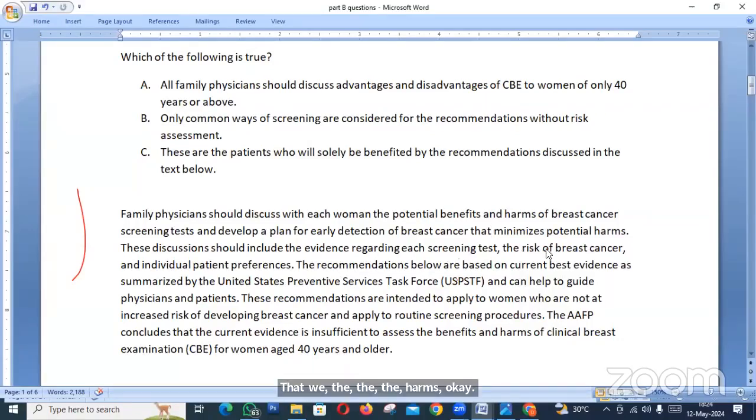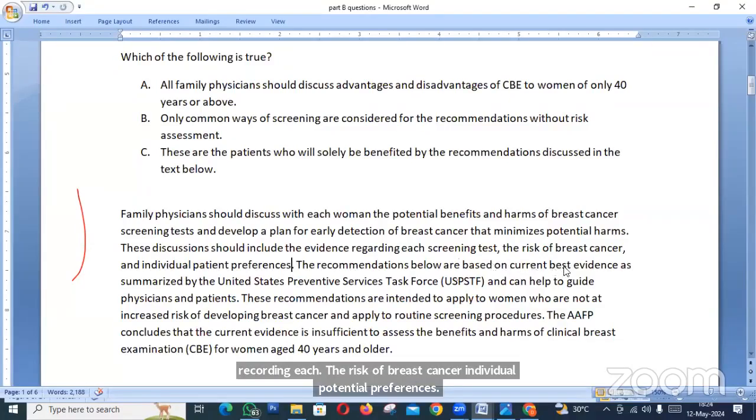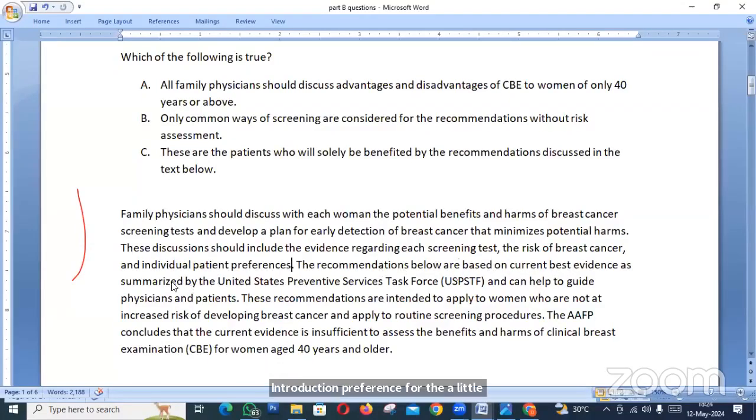Regarding each screening test, these discussions should include the evidence regarding each, the risk of breast cancer, individual patient preferences, and the current best evidence as summarized, which can help to guide physicians and patients.